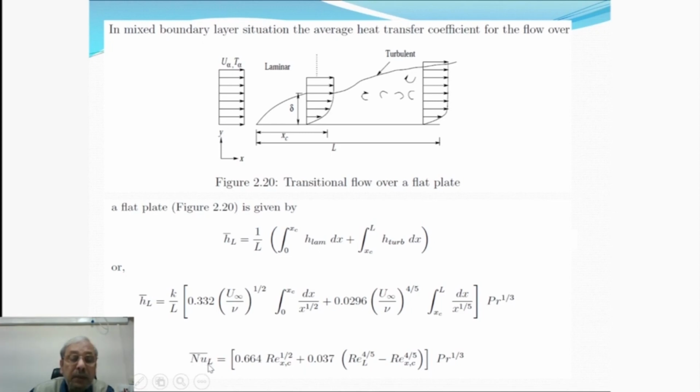the Nusselt number based on the plate length, average value, given by 0.664 Rex critical to the power half plus 0.037 times Reynolds number based on the total plate length to the power 4/5 minus Rex critical to the power 4/5, the entire expression multiplied by Prandtl number to the power 1/3.